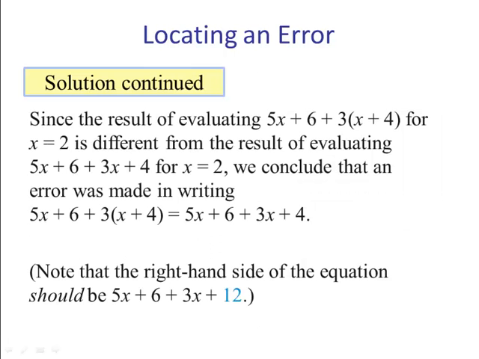So since the calculator illustrates that the two expressions are not equivalent, a mistake has been made, and the actual mistake is, instead of plus 4, it should be plus 12. The person forgot to distribute the 3 to the 4, which is a common mistake.